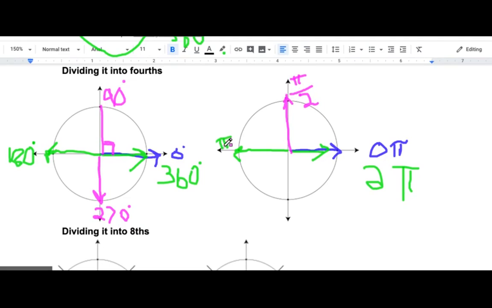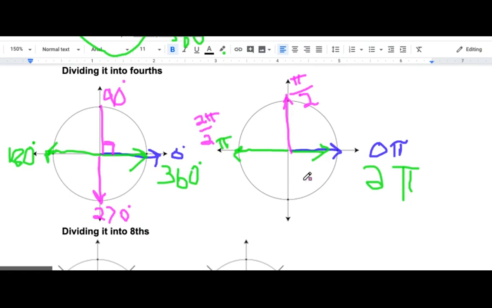If I do another pi over 2, then at the 180 degrees, I would have 2 pi over 2, because I'd have 2 of them. But 2 divided by 2 is just 1 pi, just like how 180 was just 1 pi.